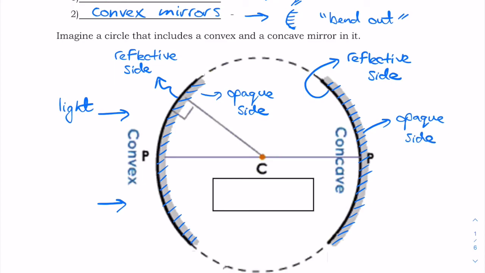Okay, and if we had light coming in from the left to the right, you'll see that the light is approaching the side of the mirror that caves inward. Okay, so one piece of terminology, you'll see the point labeled C. This is the center of this imaginary circle, and we call this the center of curvature.